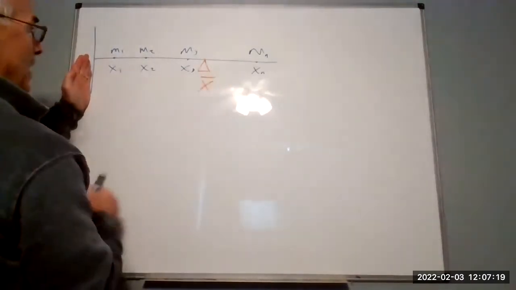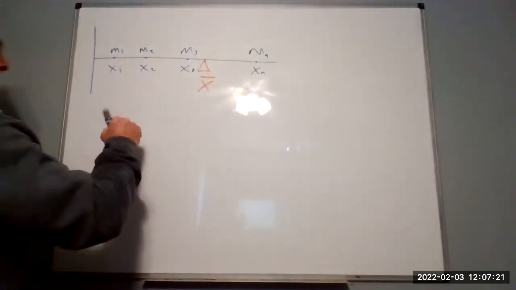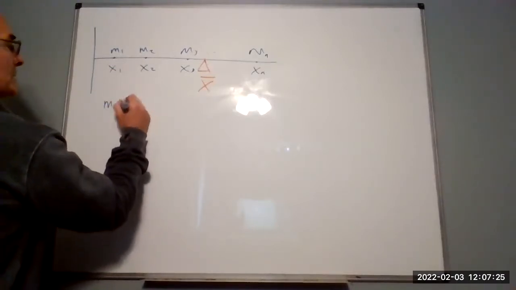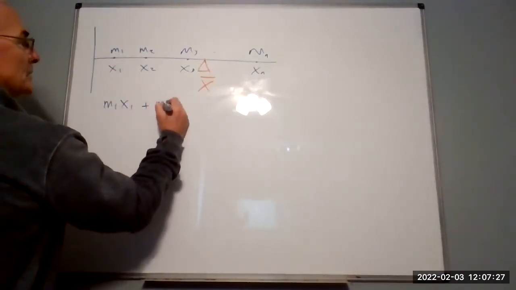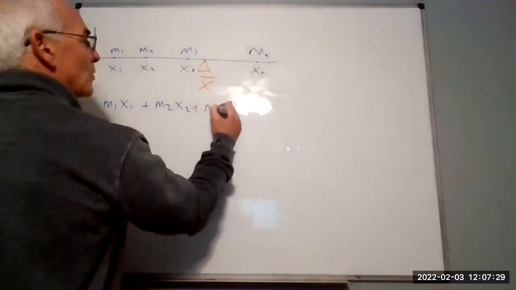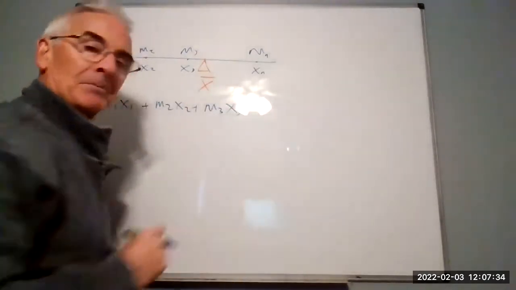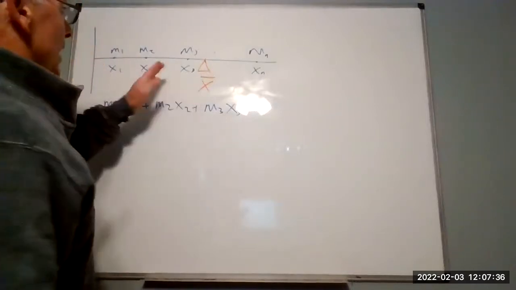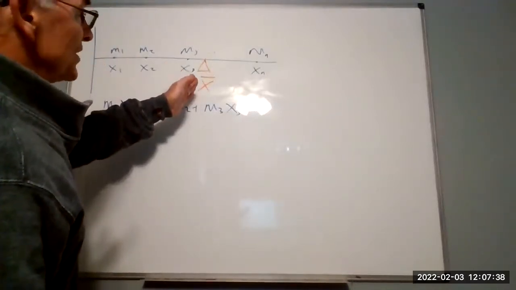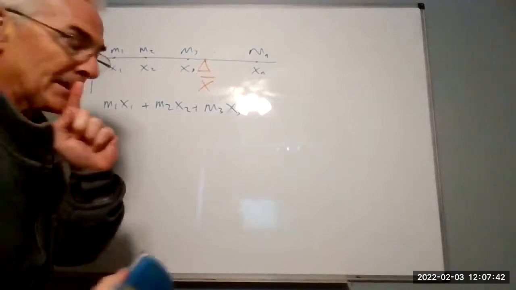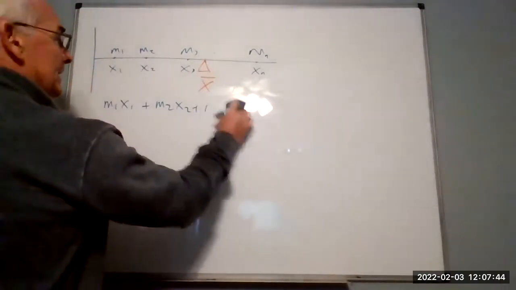Okay, no problem. So what I've got then is m1 times x1 plus m2 times x2 plus, and so on, m3 times x3. Well, I'm just going to keep adding them. Sorry, I'm getting ahead of myself here.